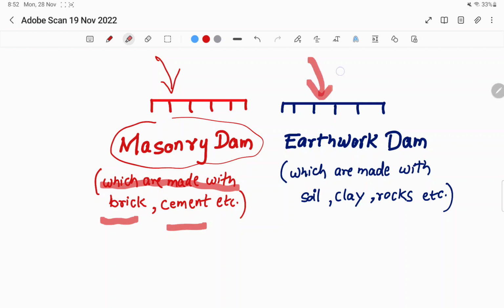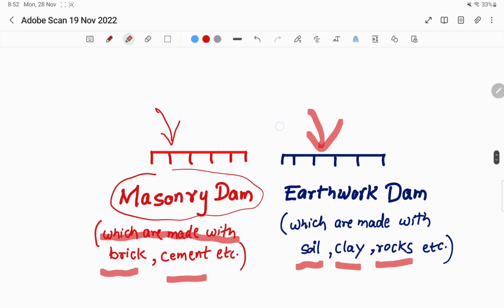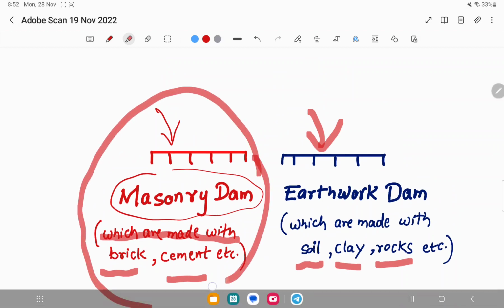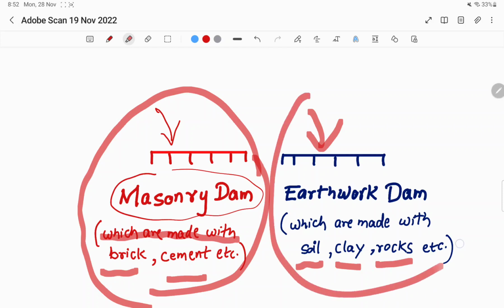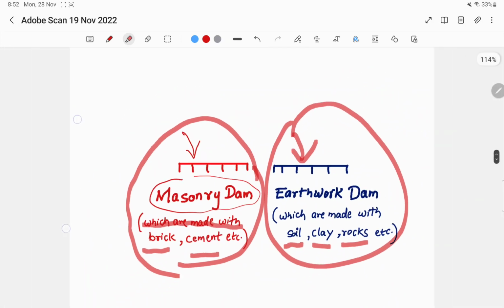The second type of dam in this topo sheet is the earthwork dam, which means the dams which are made with soil, clay, rock and other natural elements. So this is the pakka one, and this is the kacha earthwork dam.